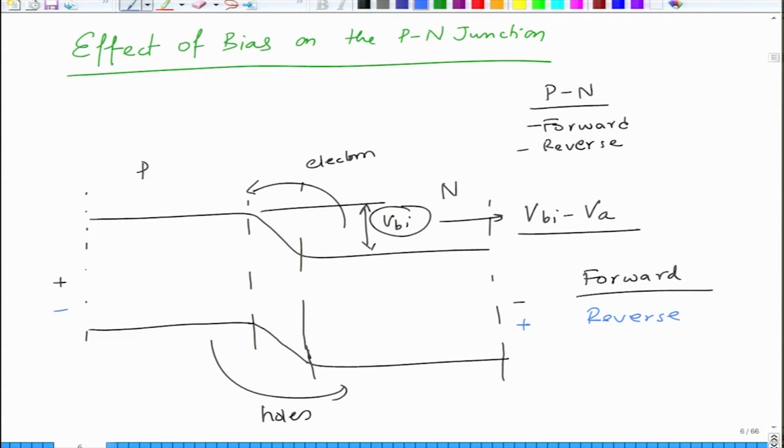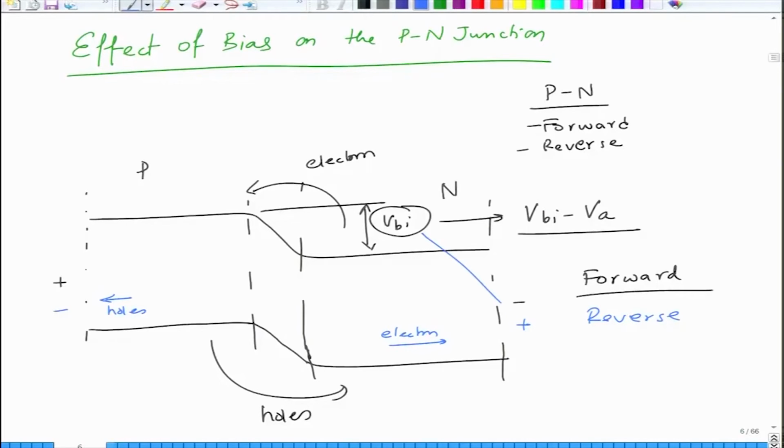This means the holes will go to this side and the electrons will go to this side, so they are drawn away from the junction, which means no junction current is going to flow. The electrons and holes will recombine at some point, and in the circuit there is no current flowing through the junction. So, junction current is very small in the reverse bias.